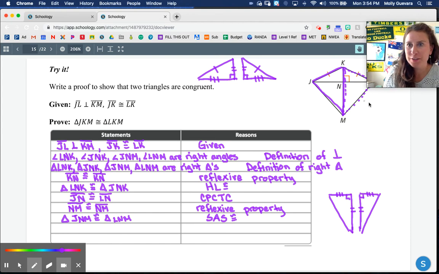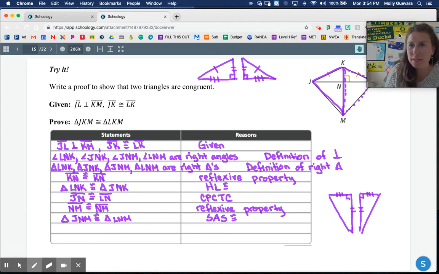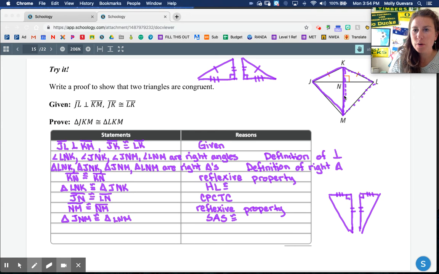Okay, sorry. So what we've looked at now is, is this solid line triangle the same as the dashed line triangle, right?